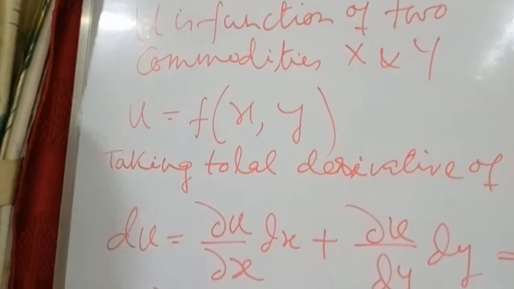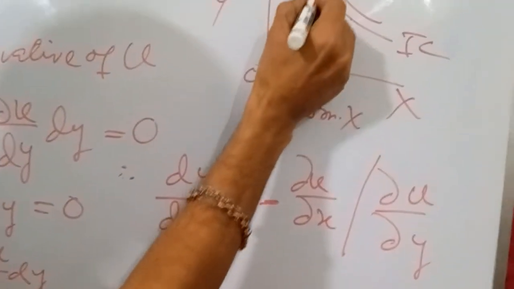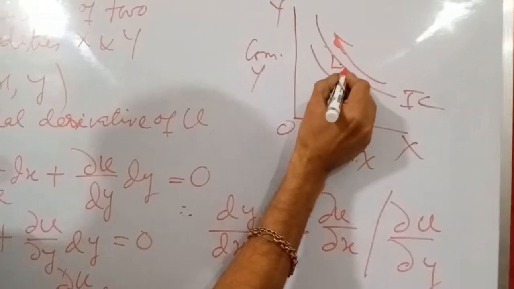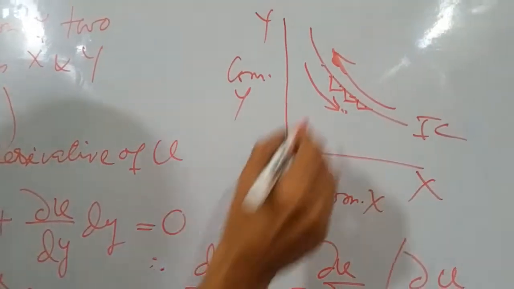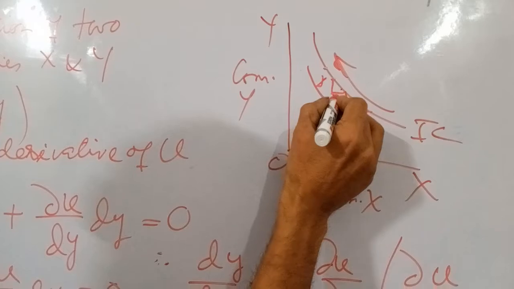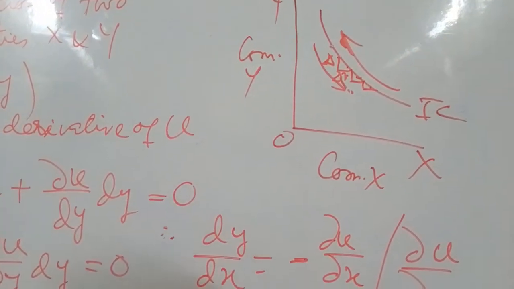Yeah. Now what is dy dx? dy dx is marginal rate of substitution. We have learned in another video. This is del y, this is del x.